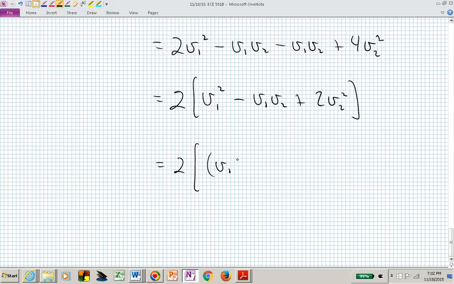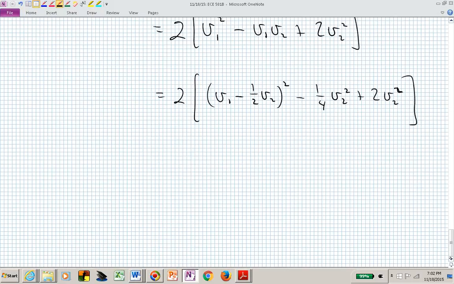We now have (V1 minus 1/2 V2) squared, but that means that we've added in 1/4 V2 squared, so let's now subtract off 1/4 V2 squared plus 2V2 squared. So we just completed the square, and now we can combine those V2 squared terms and end up with (V1 minus 1/2 V2) squared plus 1/4 less than 2, or that's now 7/4 V2 squared.